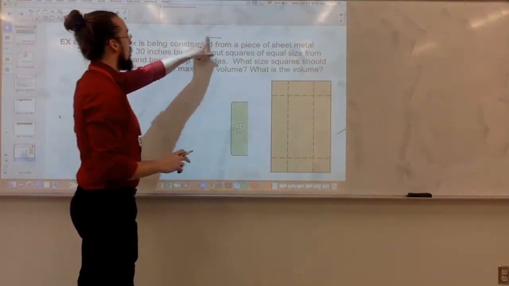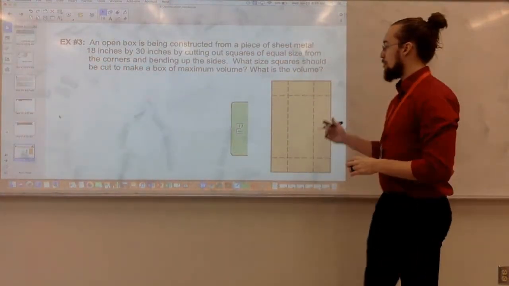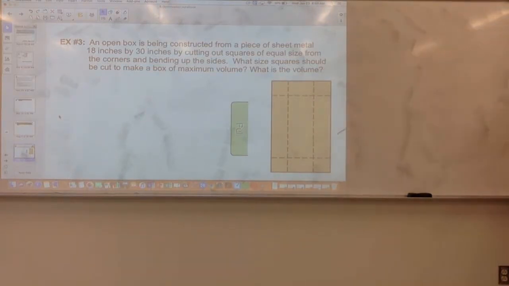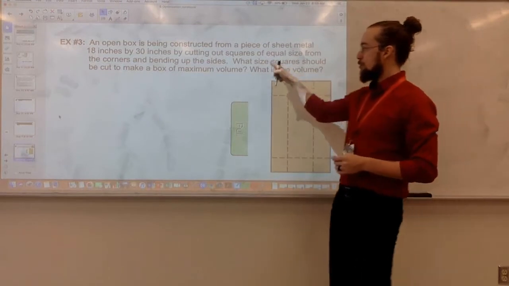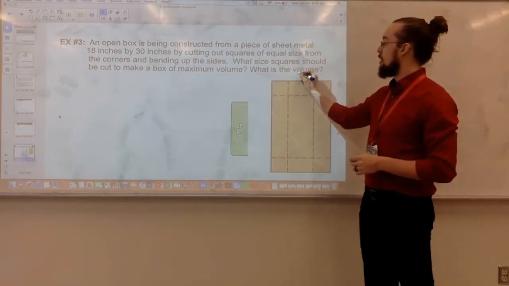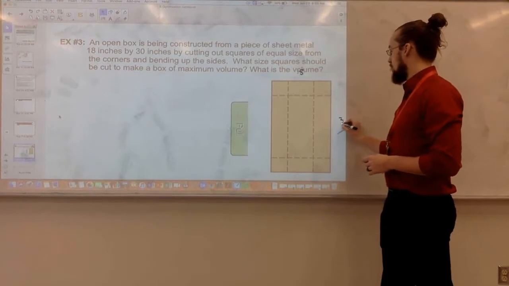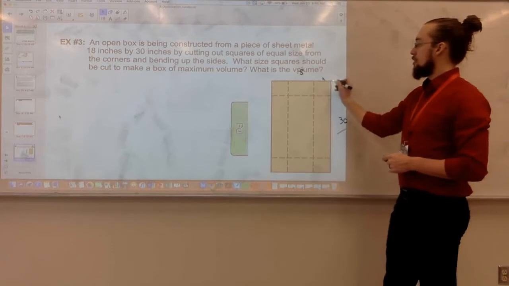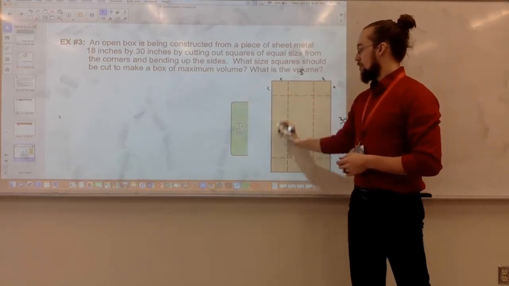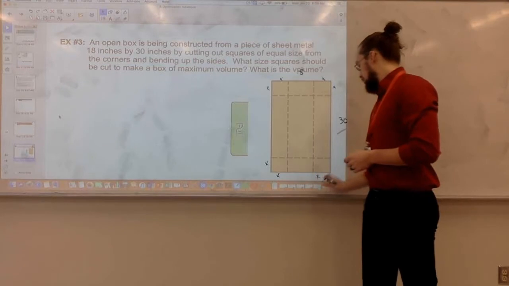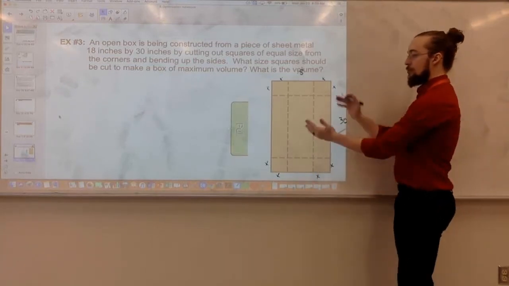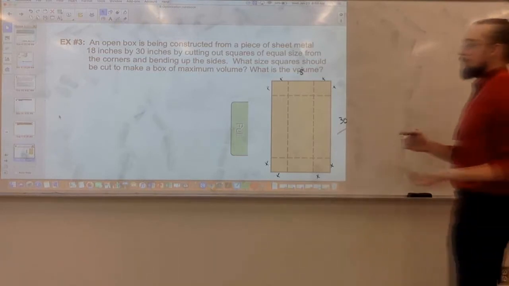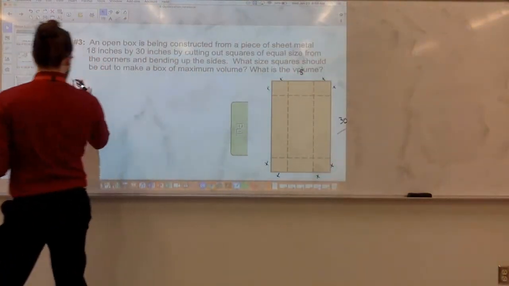So, all right. Were we okay with setting up this equation? I guess we can go through a quick review here of what we did to set this up. So we're taking this 18 by 30 sheet. I know this whole thing is 18 by 30. We said we want to cut out squares that we don't know the dimensions of. So we're going to cut these out and then fold this box up, and we want it to have a maximum volume. So what we did was, I said I want to maximize volume.